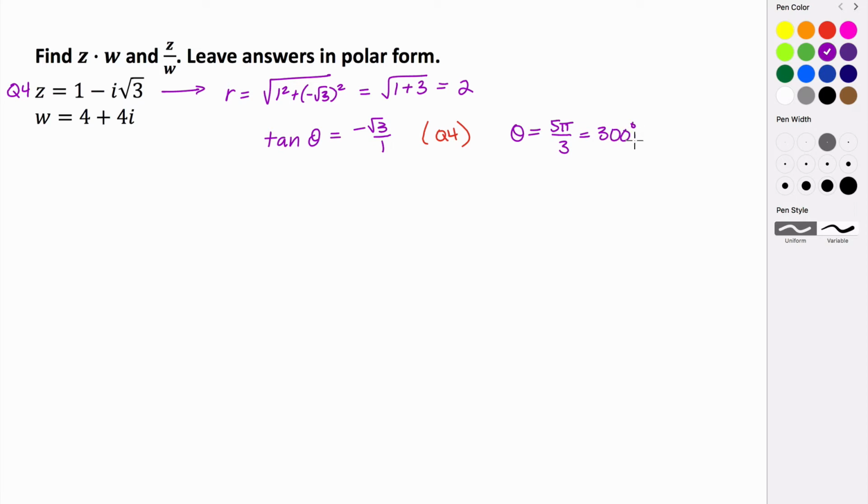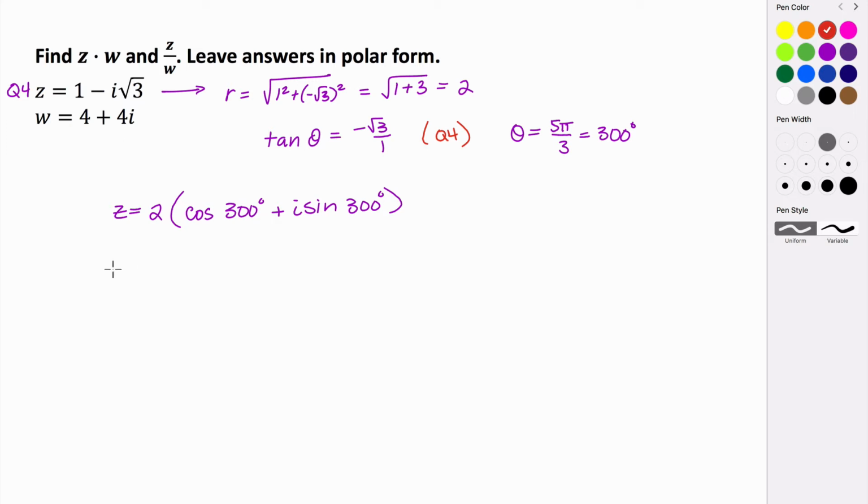I'm going to use degrees because it actually makes our sum and difference a little easier. We don't have to worry about common denominators. And it doesn't specify here, so I can do whatever I want. So z is just r, which is 2, times the cosine of 300 degrees plus i times the sine of 300 degrees. So this is the value of z.